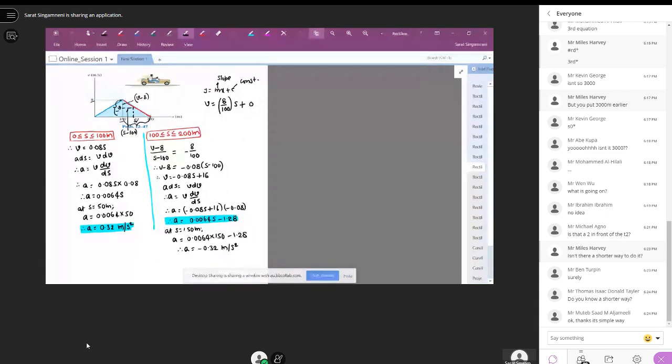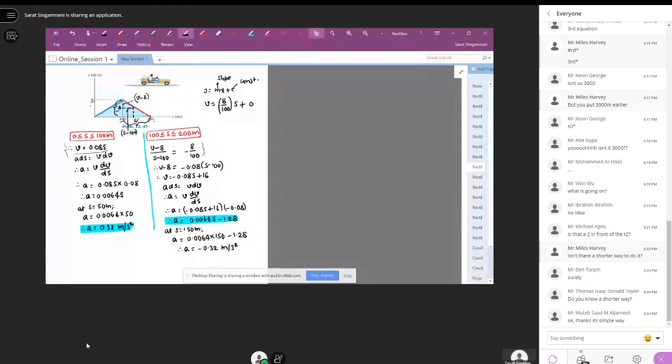The trick is to write the equations of velocity here because it is velocity versus displacement. So I used that line and wrote that equation. And for this part, I gave this method and wrote the equation like that.